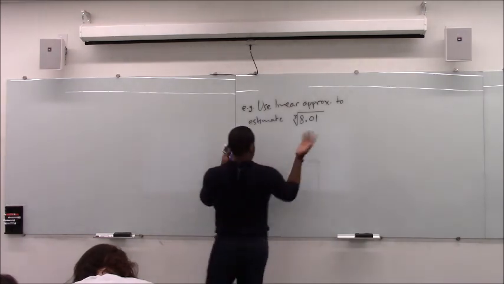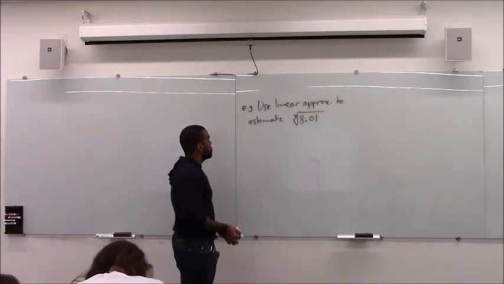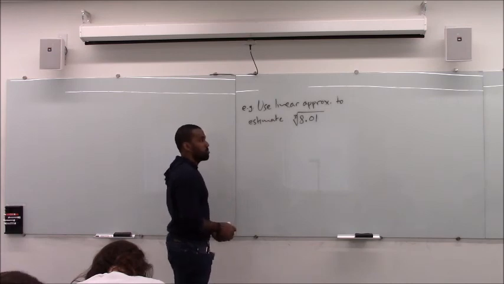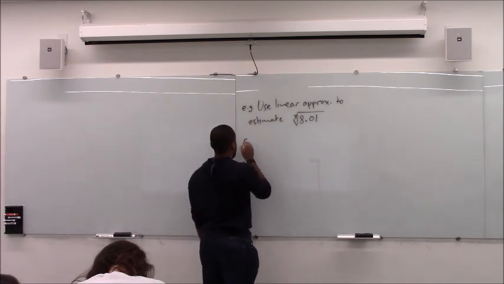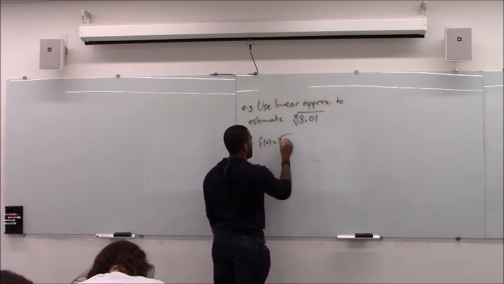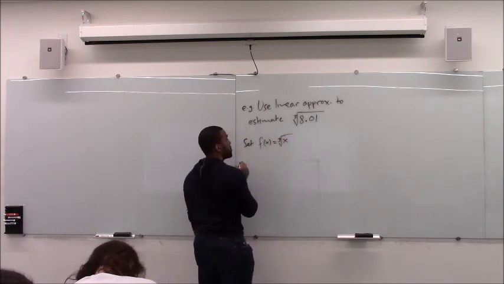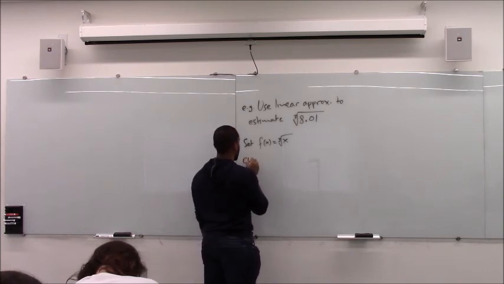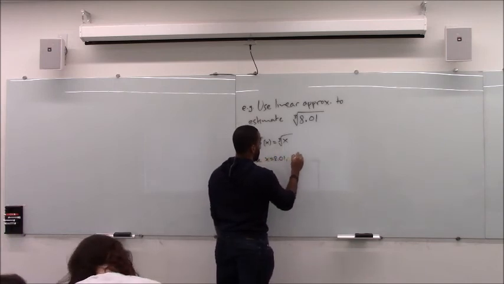Okay, how do we go about approximating this? What's the first step? Yeah, set up your function as f of x equals cube root of x. Seems like a good choice here, yeah? Then set x as 8.01, and a is 8.